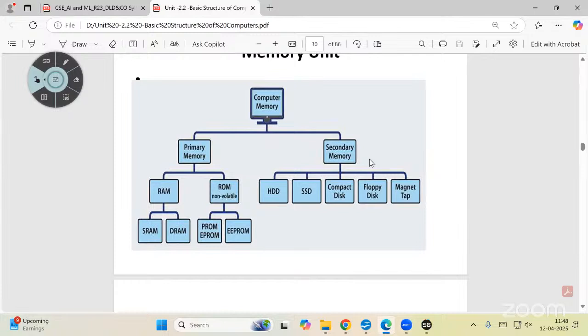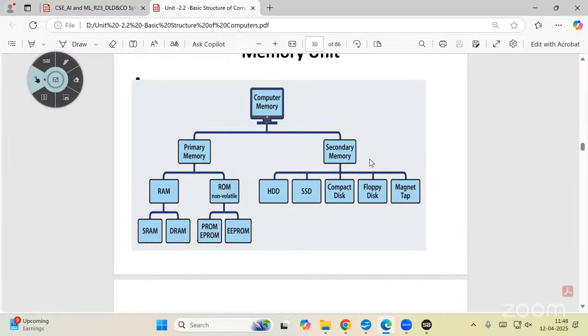The primary memory means internal memory. You are using your mobile phone. Your mobile phone's internal memory is 4 GB RAM and 64 GB read-only memory. That is the internal memory.